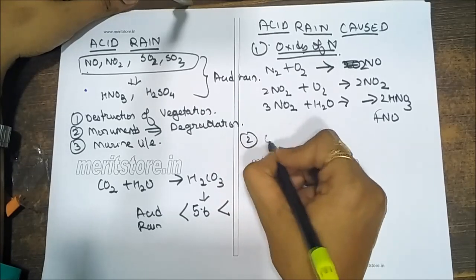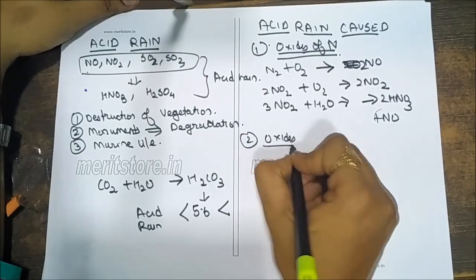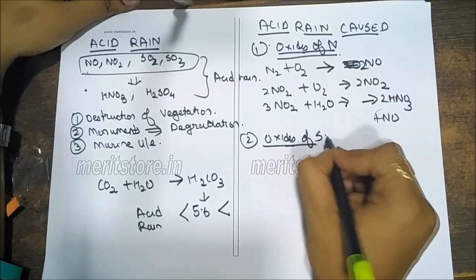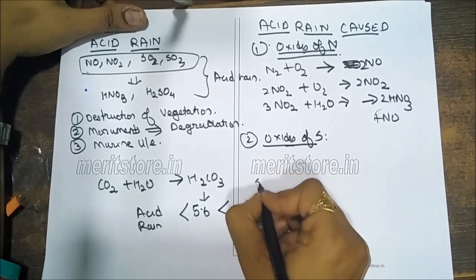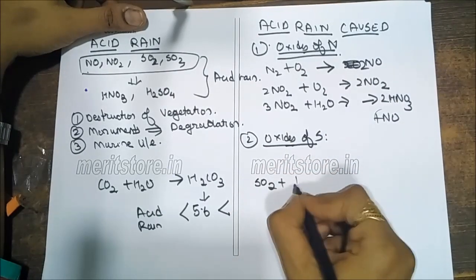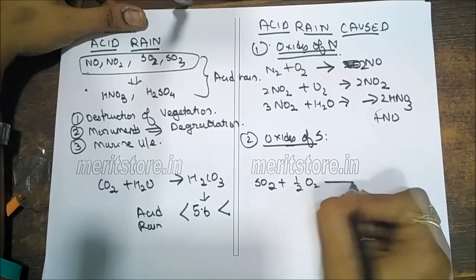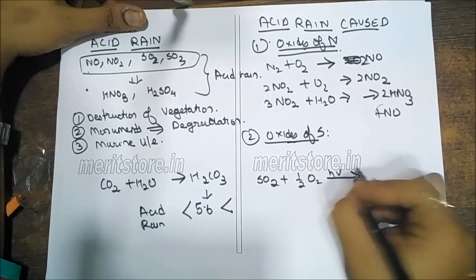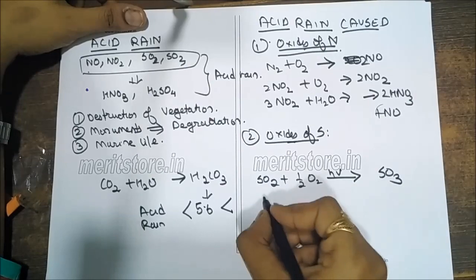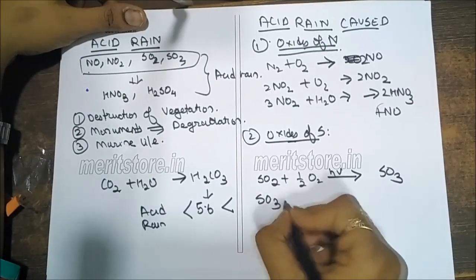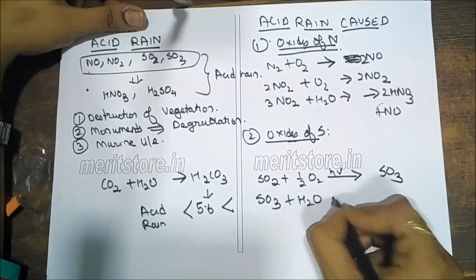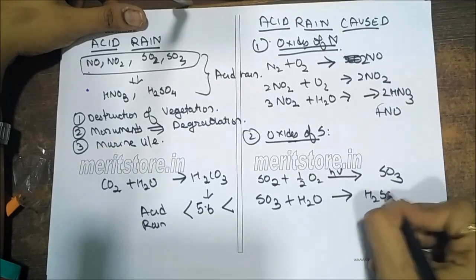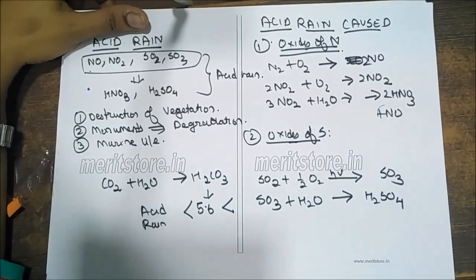Second is because of oxides of sulfur. Alright, so we know sulfur dioxide undergoes oxidation in the presence of photolytic light to form sulfur trioxide, and sulfur trioxide would react with vapors in the atmosphere to form sulfuric acid.